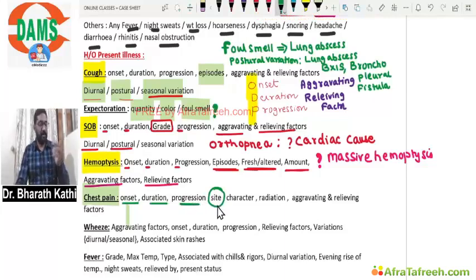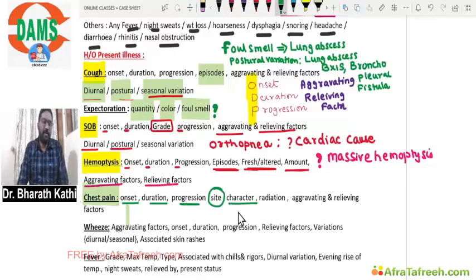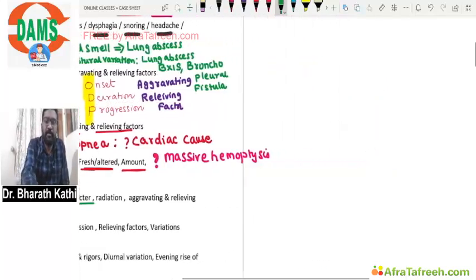Cardiac pain is also central. So what is the character? Usually cardiac pain will be more of constricting pain, whereas pleuritic chest pain will be more of stabbing pain. This is very, very important.